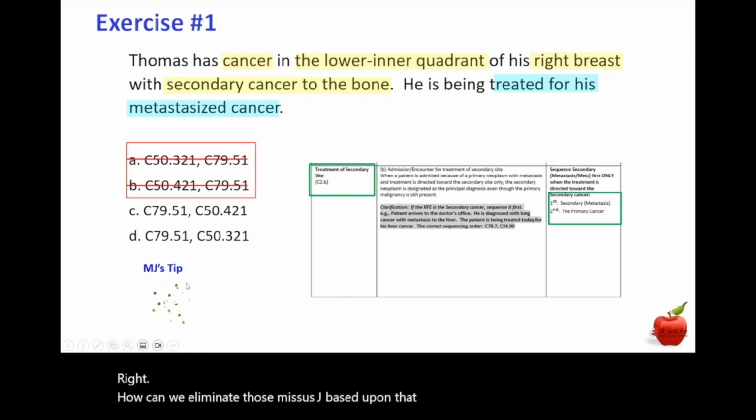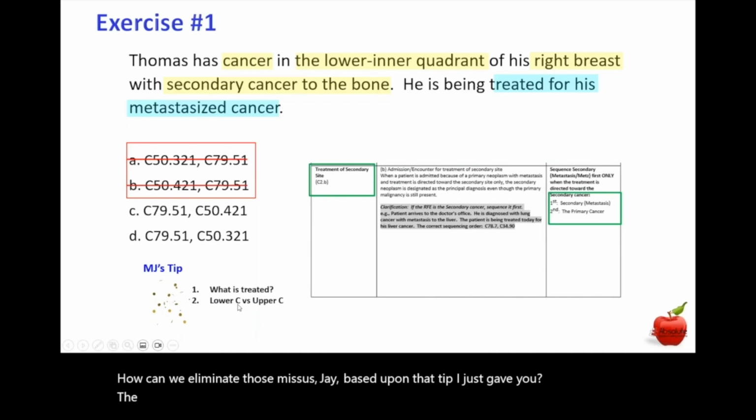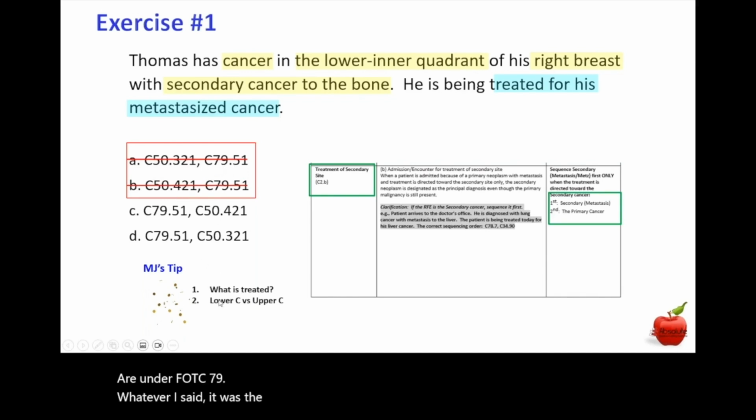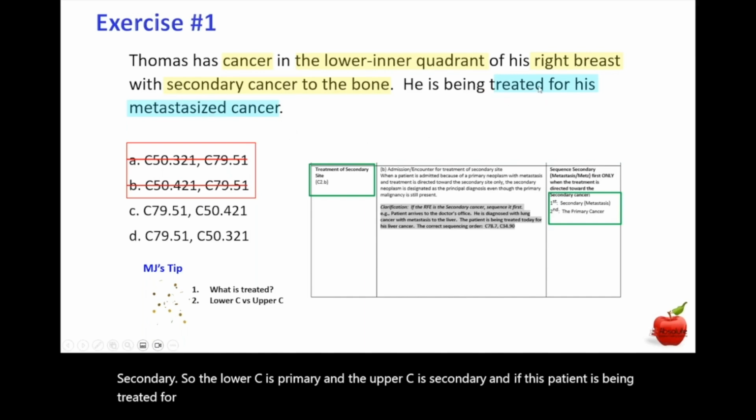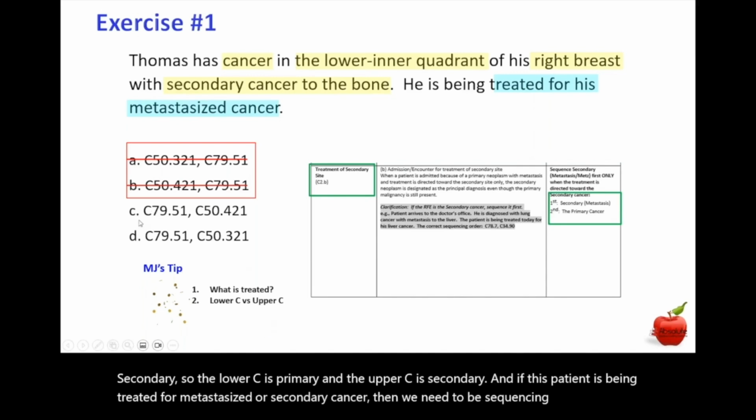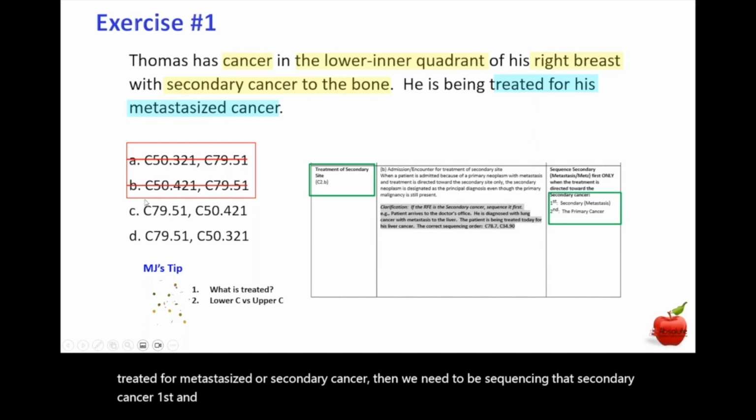Based upon that tip I just gave you, the lower C's are under C79, and the upper C is typically secondary. So the lower C is primary and the upper C is secondary. And if this patient is being treated for metastasized or secondary cancer, then we need to sequence that secondary cancer first. A and B are not. They're sequencing the primary first.